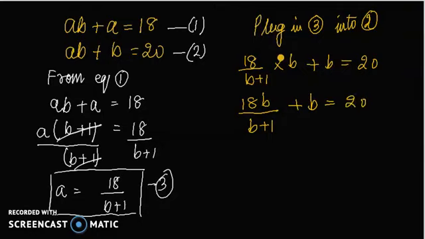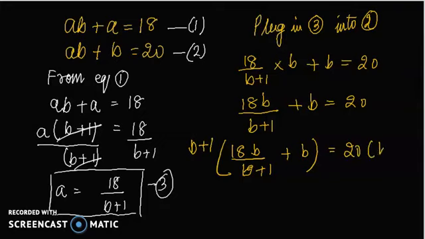Now multiply both sides by b plus 1. So 18b by b plus 1 plus b, and we have to multiply both sides by b plus 1. So we get 20 times b plus 1.